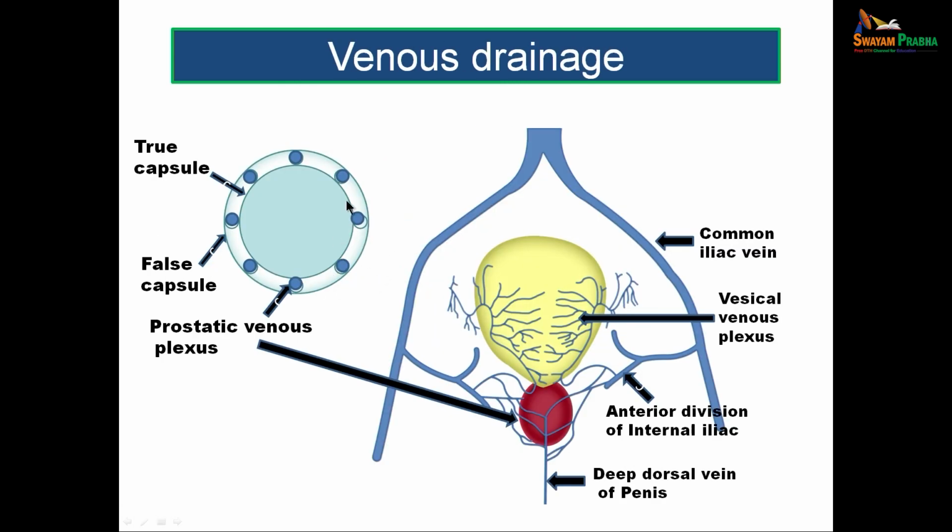Prostatic venous plexus, as we have already seen, lies between the true capsule of the prostate and the false capsule. This prostatic venous plexus will communicate anteriorly with the deep dorsal vein of penis, and it communicates superiorly with the vesical venous plexus. So, this prostatic venous plexus will drain into the internal iliac veins, which gets continued as common iliac and the inferior vena cava.